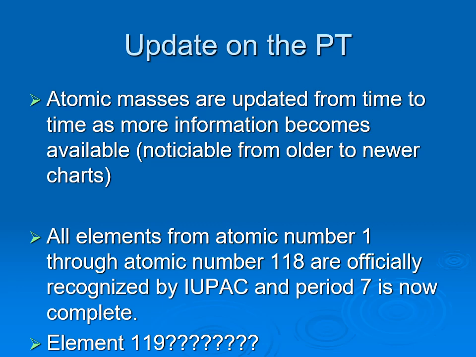So currently, all the elements numbered from 1 through 118 are on the most up-to-date periodic tables because the governing body, if you will, for chemistry that is able to officially decide these things for worldwide chemistry is called IUPAC, and they have officially recognized all 118 elements at this point. And IUPAC stands for the International Union of Pure and Applied Chemists.